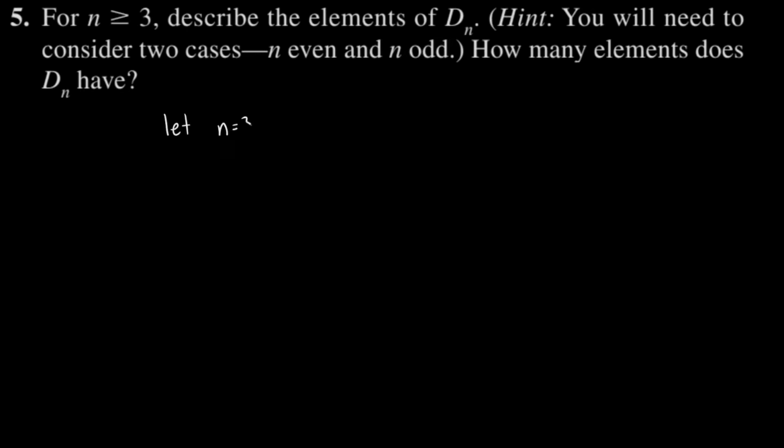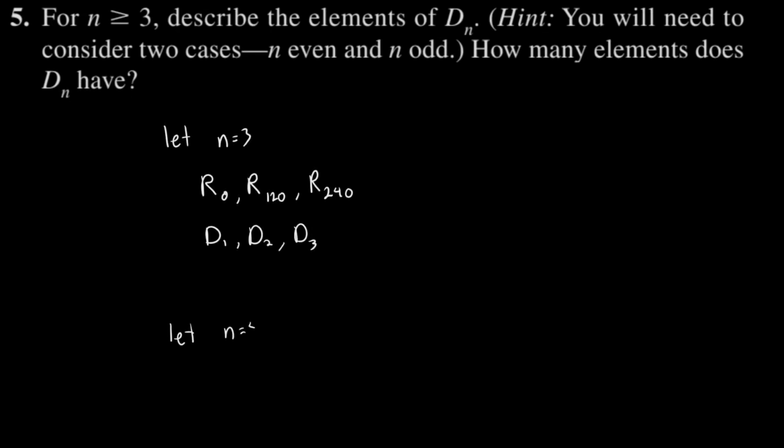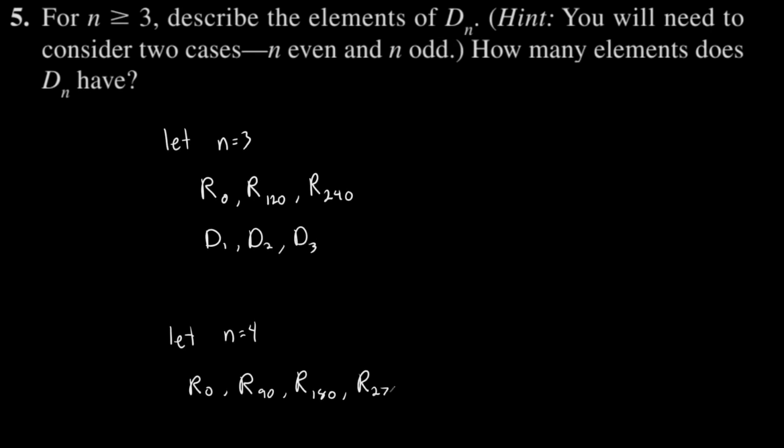So if we let n equal 3, then we just have D3, which is the ordinary R0, R120, R240. And instead of naming all of the flips, I'm just going to call them flips across diagonals, so D, and give them each a number. And if we let n equal 4, then we have D4, which is 4 different rotations and 4 different flips.